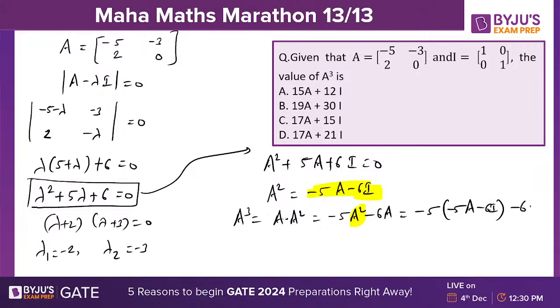Bracket close. Minus 6A. Minus plus 25A minus 6A. That will be 19A. Minus plus 30I. Which option is correct? 19A plus 30I. Option B is the correct one. Respond. Everyone should respond.